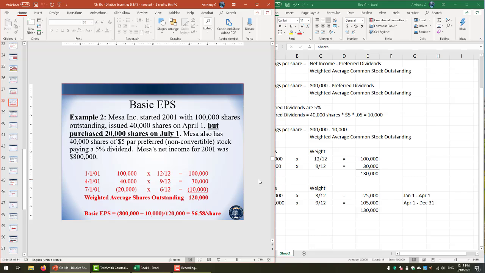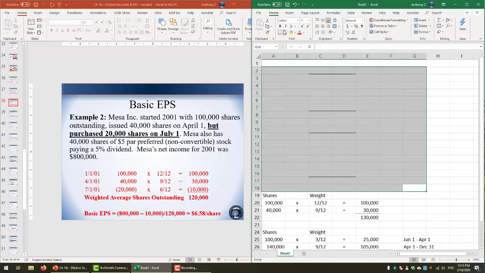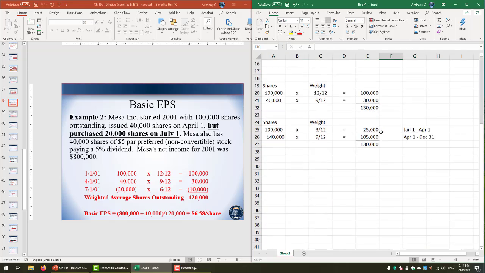As we learned in chapter 15, when a company buys back its stock, it's known as treasury stock, and this reduces the amount of common stock outstanding. So I'm just going to get rid of this so you don't get lost in all this stuff on here. I'm going to remove this as well.